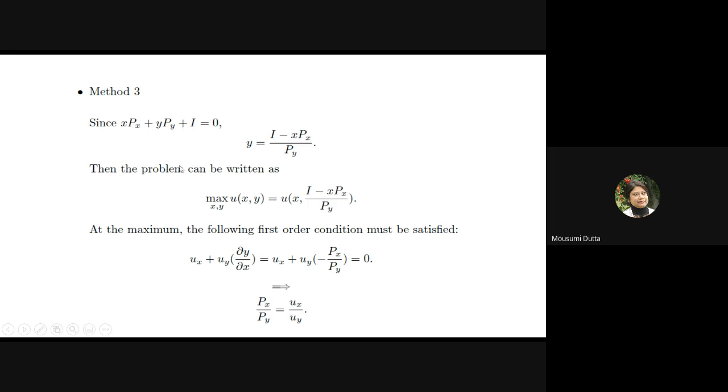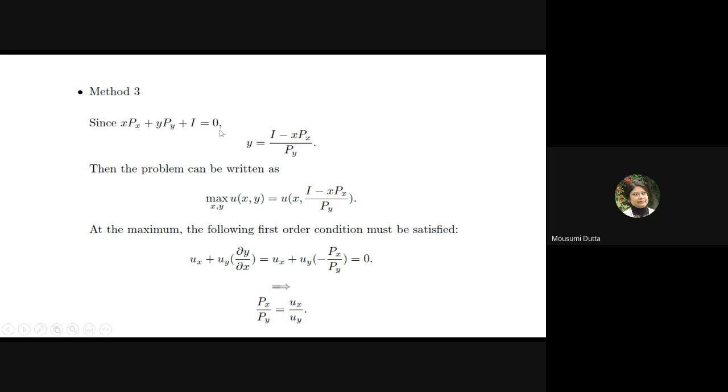So here the income constraint is like this, and I can write y in terms of x. So xpx plus ypy plus I is equal to 0. I hope everybody has pen and paper with you.